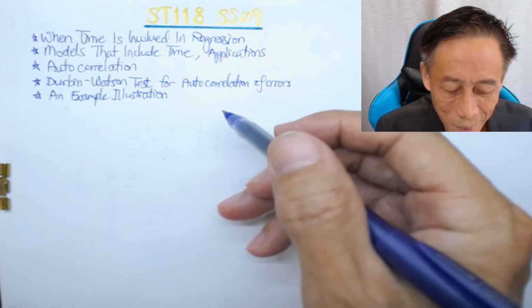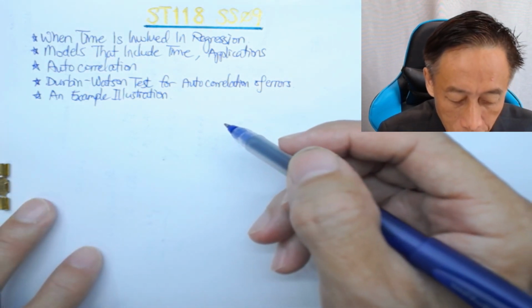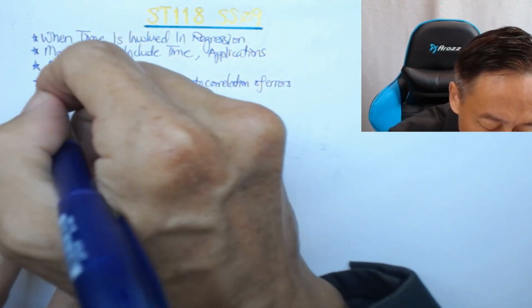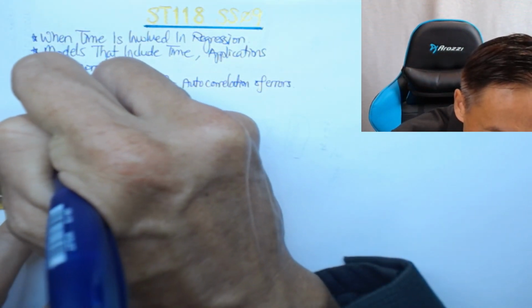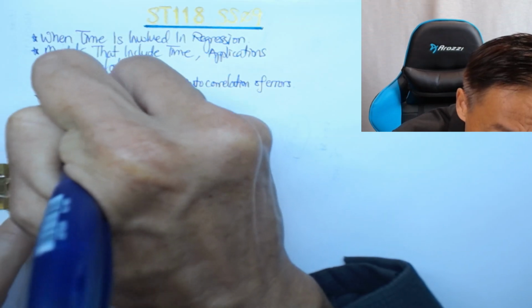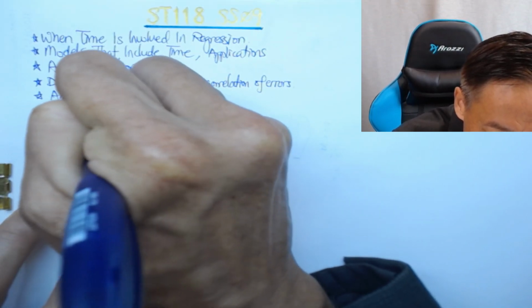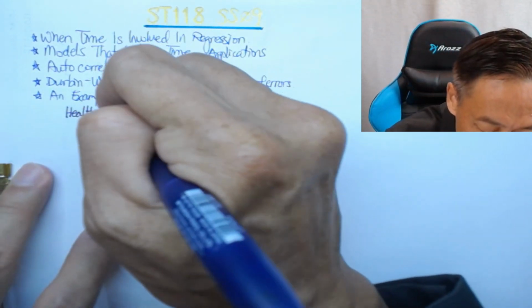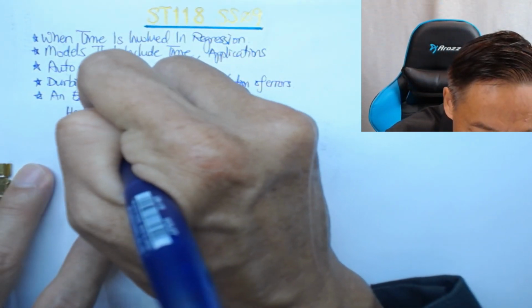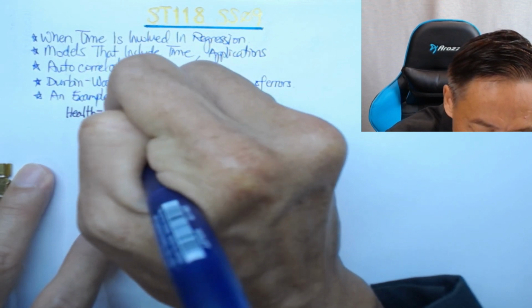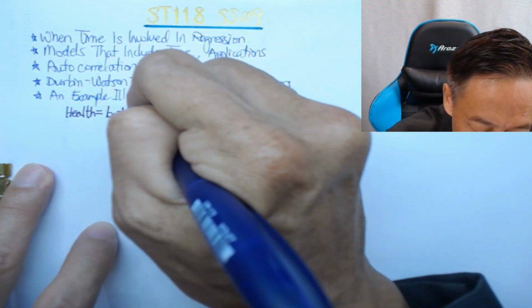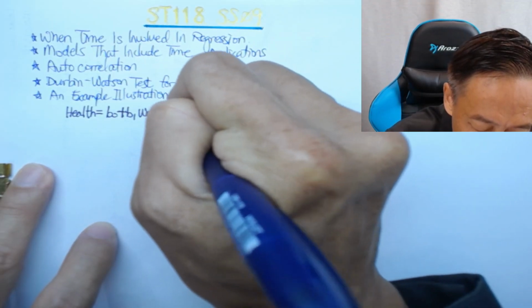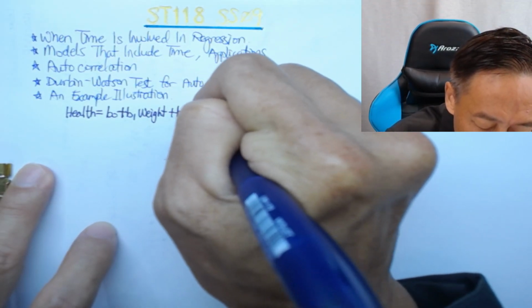When time is involved in regression, we will put in the time variable. For example, perhaps we might want to say that the health of a person can be explained by some B0 plus B1 times the person's weight and income.